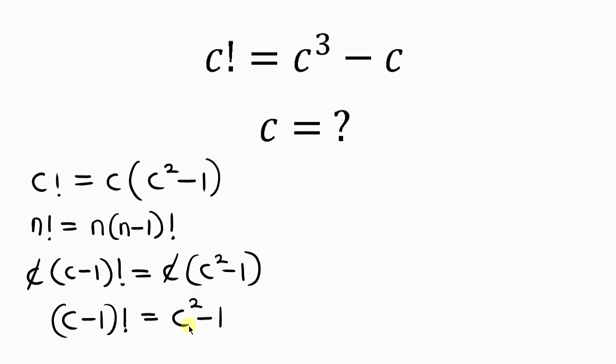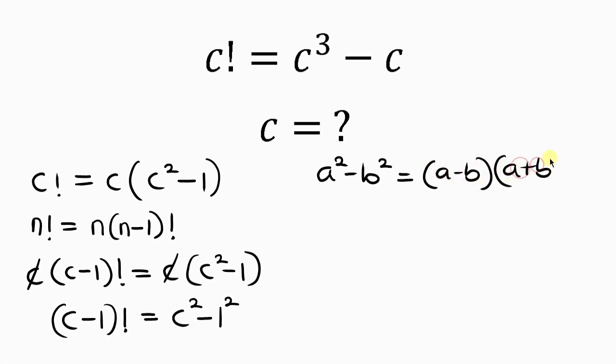Now notice that on the right hand side, 1 is the same as 1 squared. That means we have a difference of two squares. And there is a property of difference of two squares which says, for example, when I have a squared minus b squared, this is the same as a minus b times a plus b.